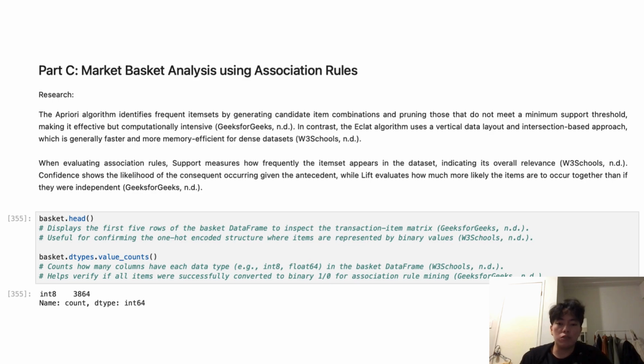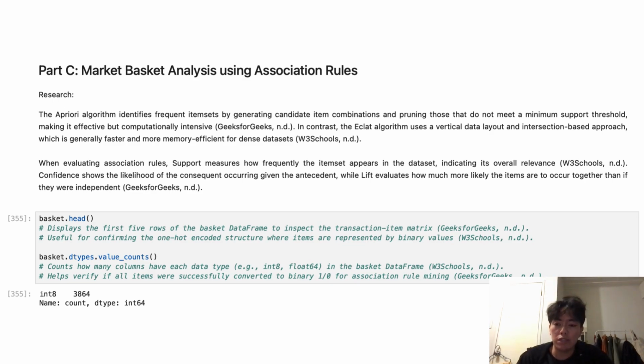So from the association pre-processing earlier, here we start by displaying basket.head, which displays the first five rows of the basket data frame to inspect the transaction item matrix. This is useful for confirming the one-hot encoding structure where items are represented by binary values.